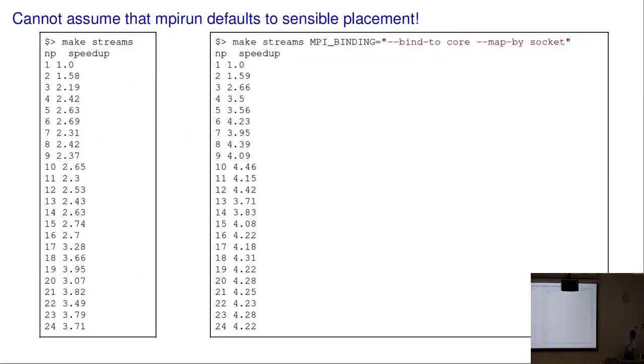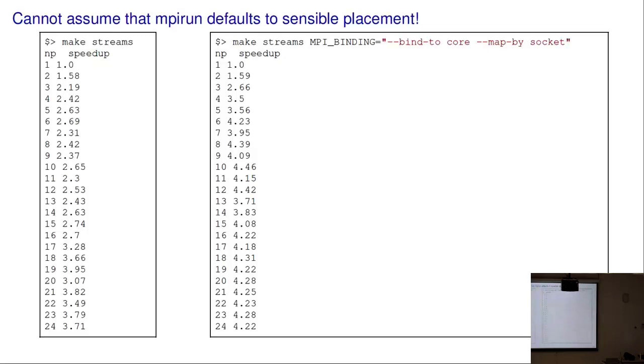Unfortunately, I found in practice you can't assume that your MPI run defaults to sensible placement. Over here, when you just run make streams on this system, you can see that MPI is defaulting to putting all the processes on one CPU until finally it runs out of logical cores there, and then it starts using more of the system.